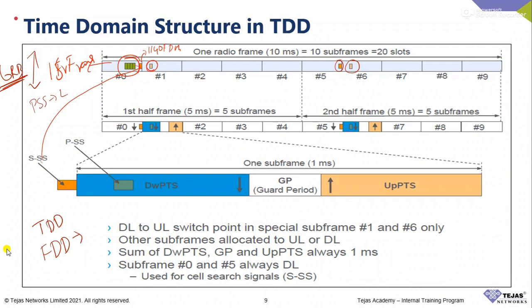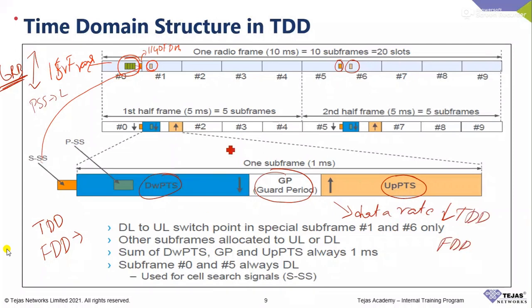Fine. Now, the next important point we have to remember here is why we require this special subframe and what is the impact of this special subframe. Because of this special subframe, obviously our data rate will reduce. Data rate will reduce in TDD when compared to FDD, because one slot is already gone for doing some sort of channel estimation.